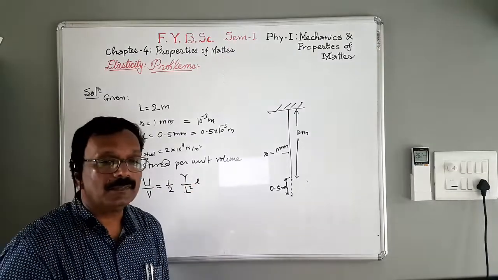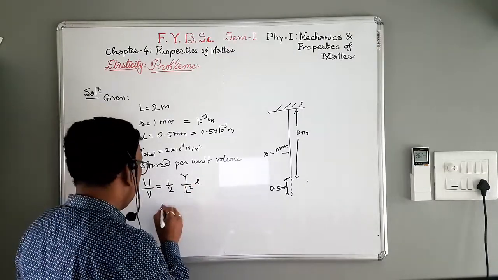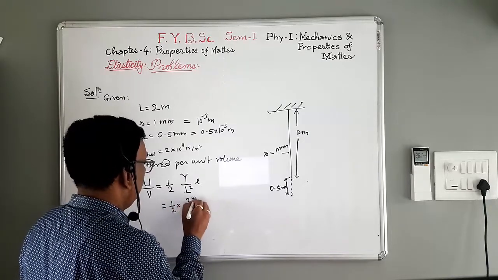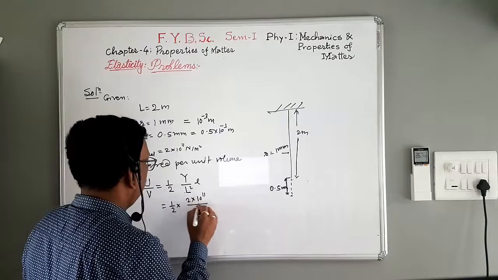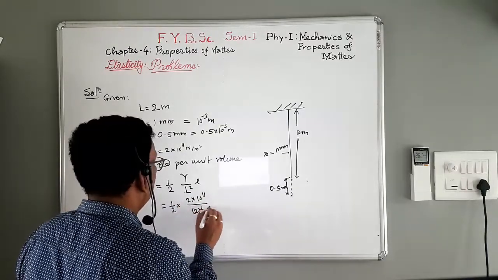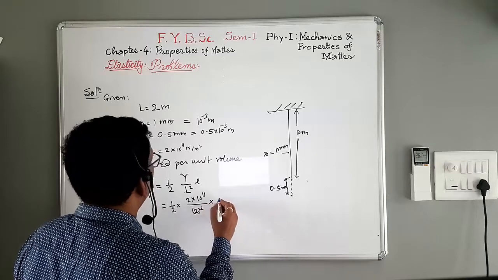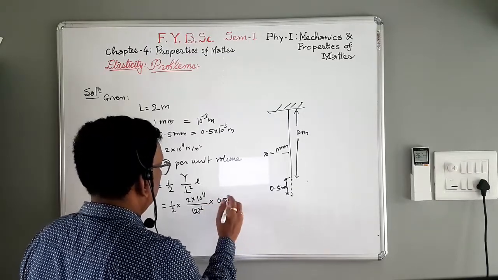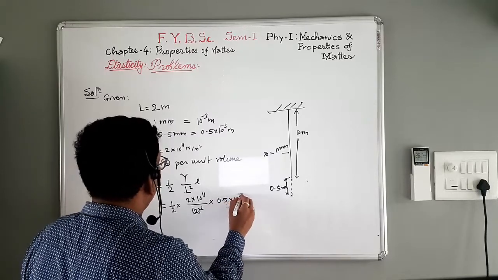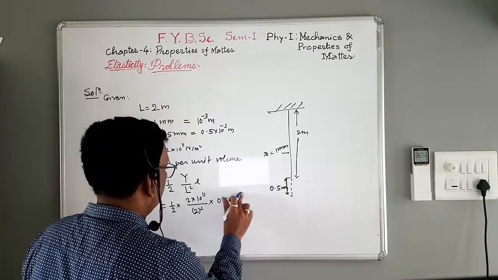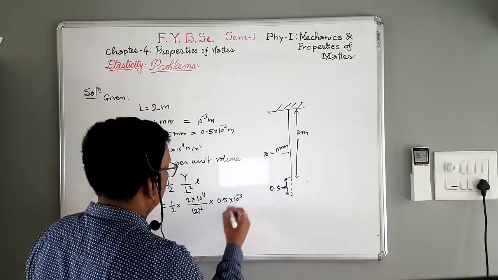Okay. Now, substitute the value of each and every quantity: 1/2 into Y, 2 into 10 raised to 11 upon L square, that is 2 square, into l, 0.5 into 10 raised to minus 3.